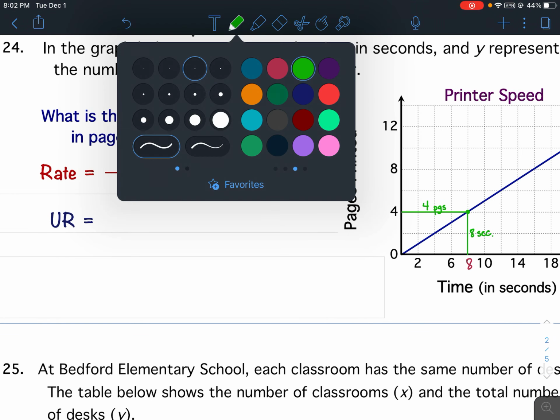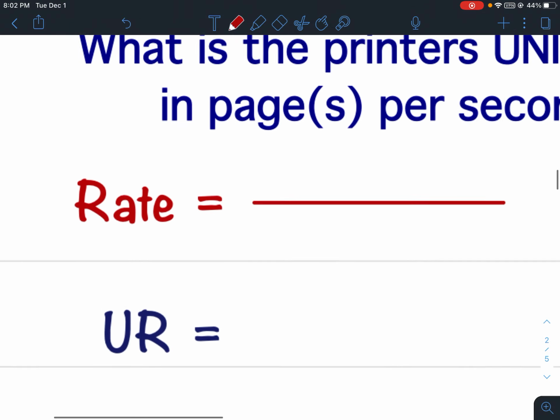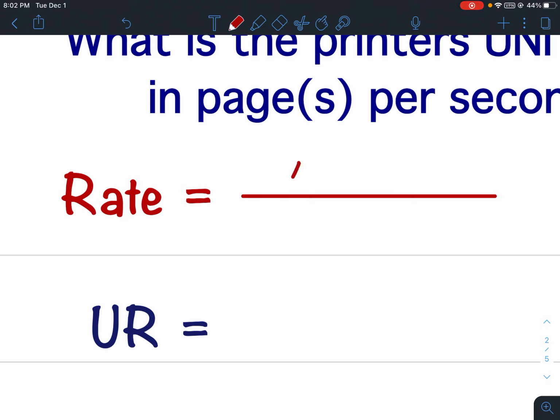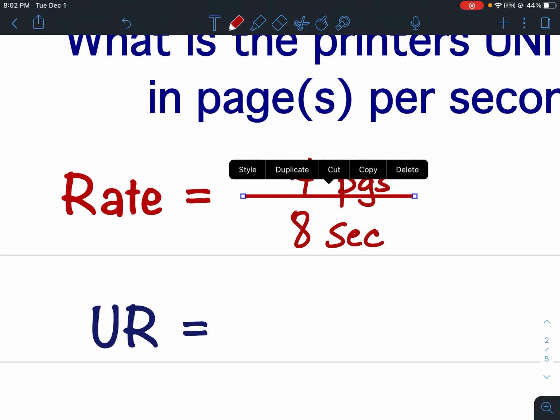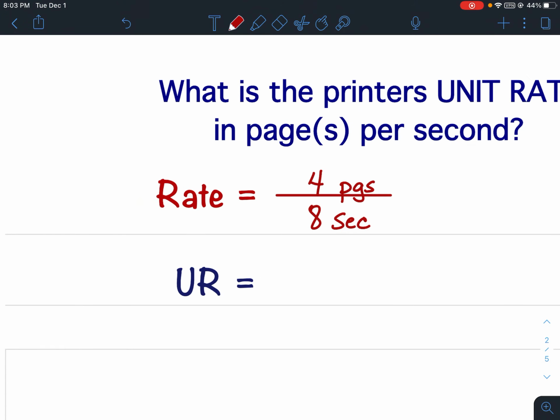So to write my rate, I have 4 pages over 8 seconds. And yes, you can abbreviate. So 4 pages over 8 seconds.